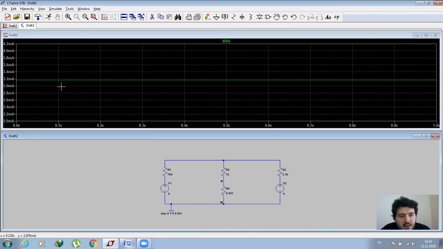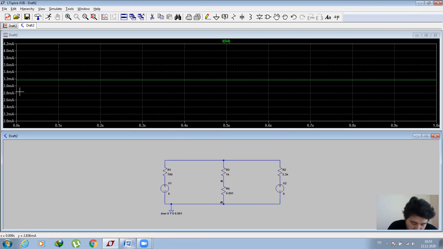You can see the current flowing here. This is 1k ohm and this is 1 milliohm, so this is a very small resistance compared to this one. So the effect of this resistance on the current flowing in here is very small, so it can be negligible.